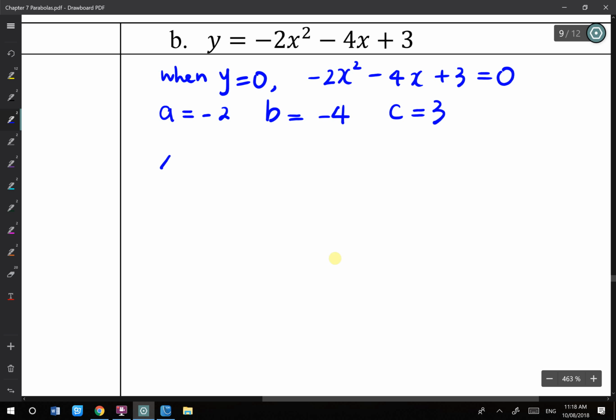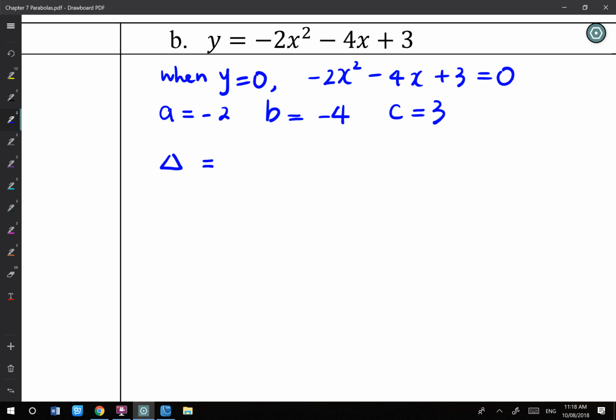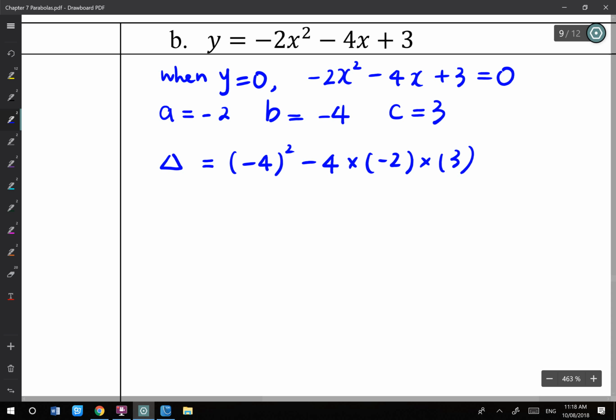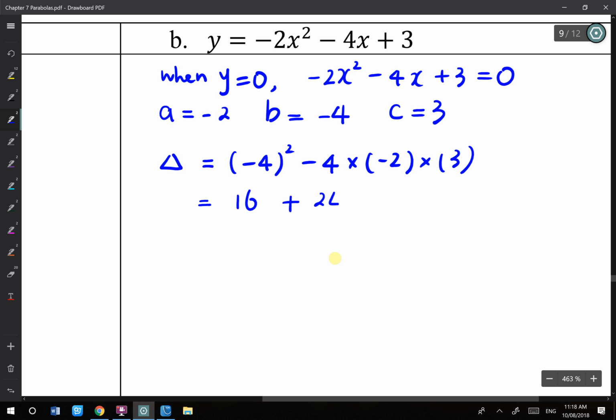Okay, check. What's the discriminant for this question? What's the discriminant in general? b squared minus 4ac. So it's -4 squared minus 4 times a times c. What do I have here is 16 plus a what? 24.